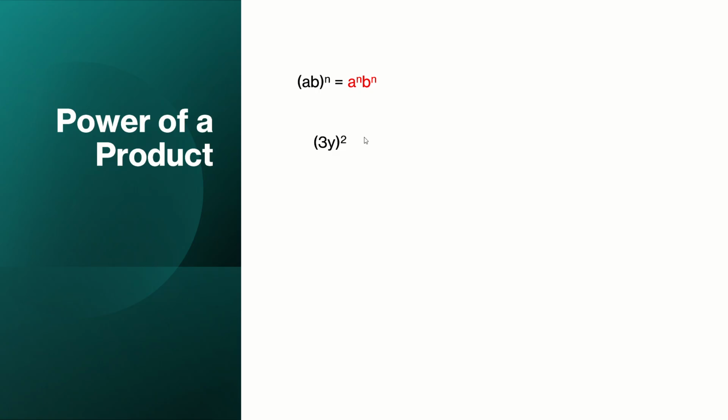Since there's an exponent outside the parentheses, what you're going to do is apply the exponent to both the base and the variable. Therefore, 3 squared and y squared. What you're going to do now is multiply the number with the exponent. Therefore, 3 times 3 is equal to 9. Since we're going to keep the y, therefore 9y squared.